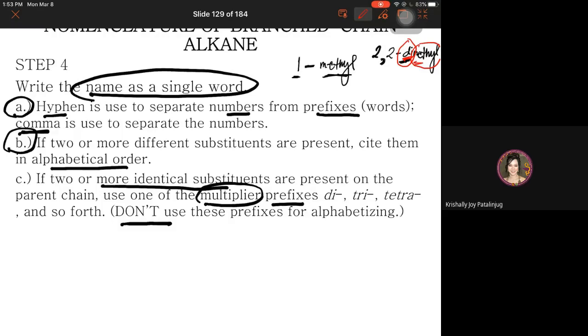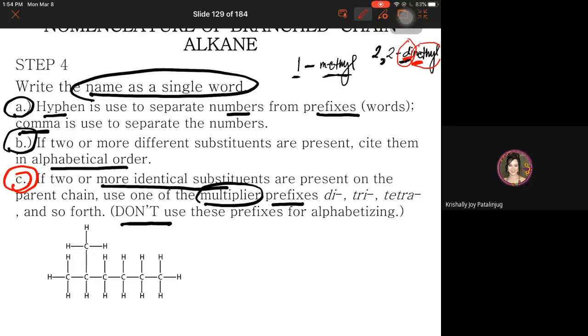So you consider M in alphabetizing, the root name. Again, the multiplier prefixes di, tri, tetra, and so forth, which indicate two or more identical substituents, will not be used for alphabetizing.